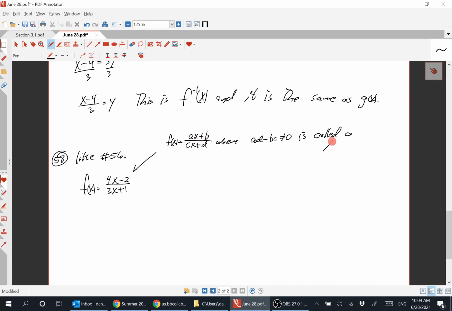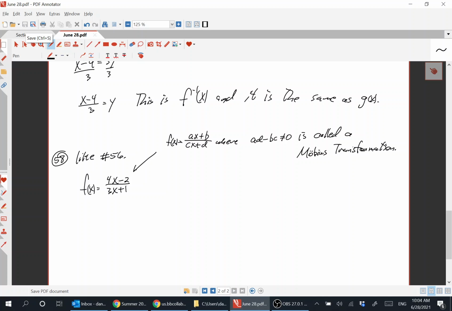I think I said Moebius function, but it's not a Moebius function. A Moebius function is something else that you wouldn't see in this sort of track of mathematics. But anyway, close enough. It's actually called the Moebius transformation.